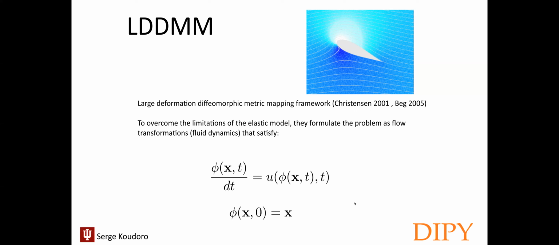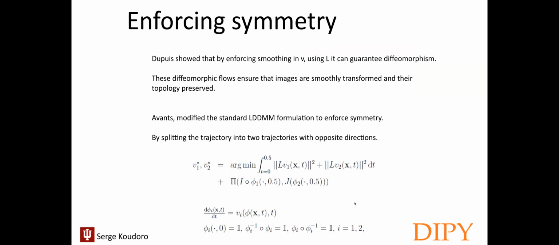The final diffeomorphism can be obtained by integrating over time. Then Beg showed that by enforcing the smoothing in V using L, diffeomorphism can be guaranteed. So these diffeomorphic flows ensure that images are smoothly transformed and their topology preserved.